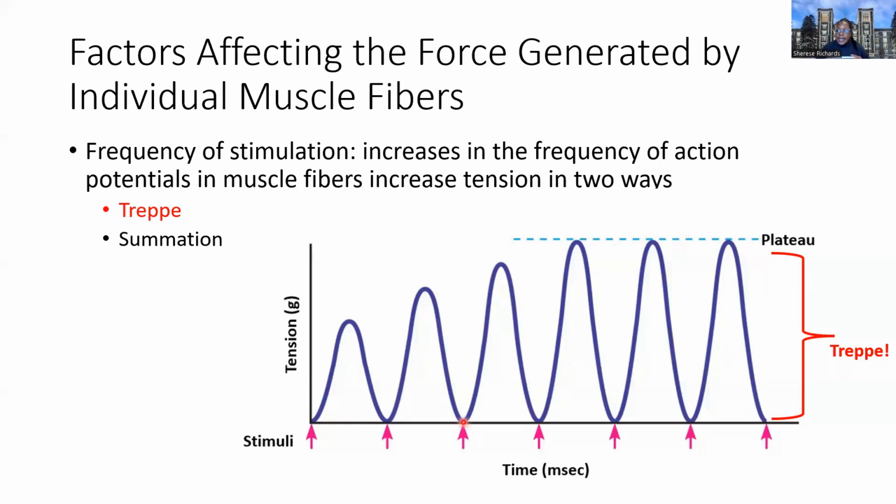The idea behind treppe is that the sarcomeres, the sarcoplasmic reticulum, the ryanodine receptors, the DHP receptors, all of the internal machinery that's needed for the contraction is already warmed up. So there's not calcium in the cytoplasm, but the machinery is already warmed up. And so it takes less time to generate more force.